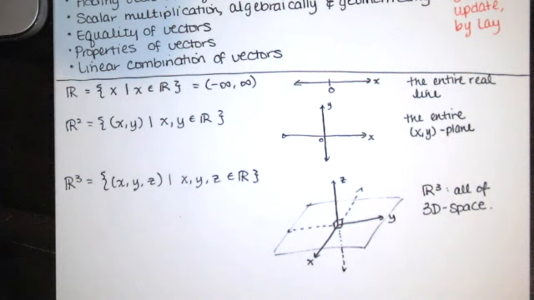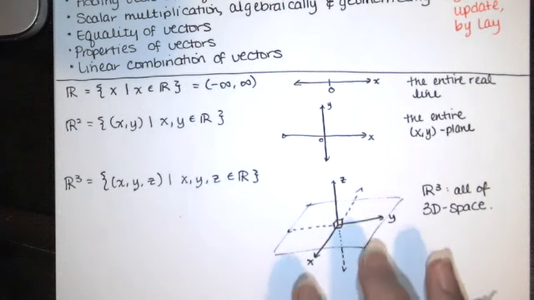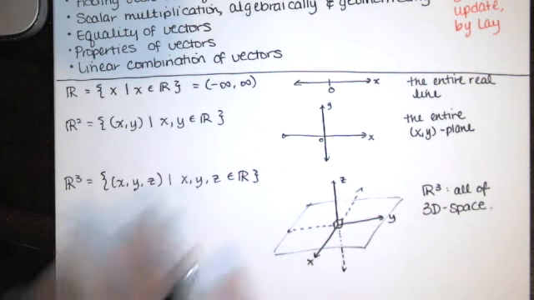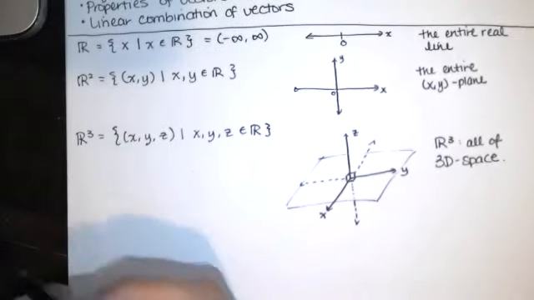Now, if I wanted to draw Rn where n is greater than 3, so n is 4, 5, 6, or so on, I can't draw it in the same way. But it's easy to write down something that's very similar over here for Rn.